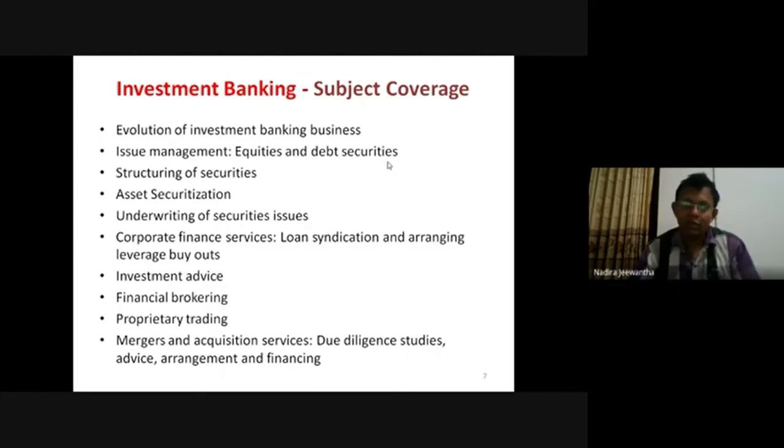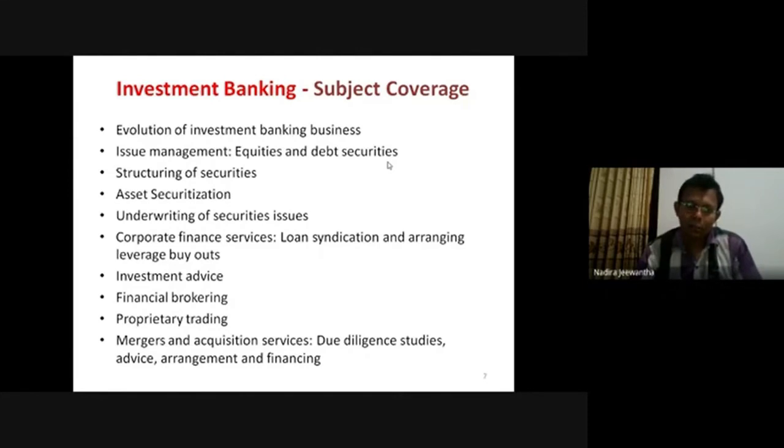So they appoint several banks, which we call book runners or arrangers. By arranging these, the issuer has to pay some percentage of the total offer amount. That is the arrangement fee. We call it basically brokerage.